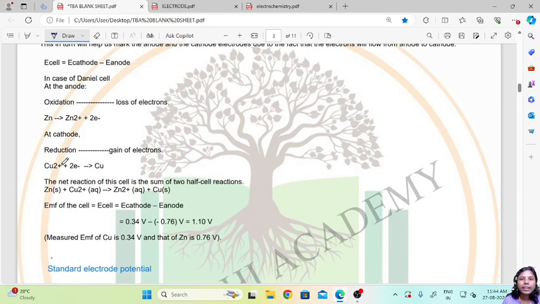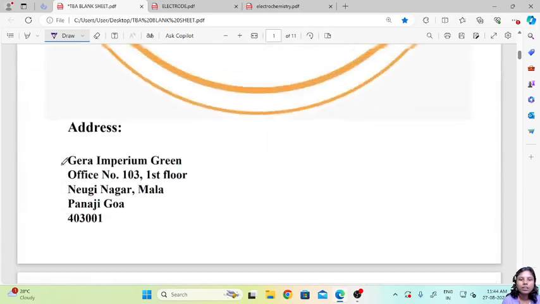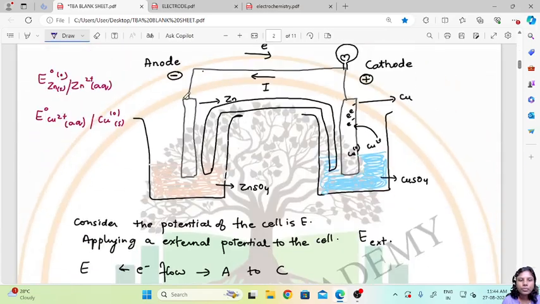Now in case of Daniell cell, in the anode section we have the Zn, so anode will undergo oxidation, and at cathode we will have reduction occurring.